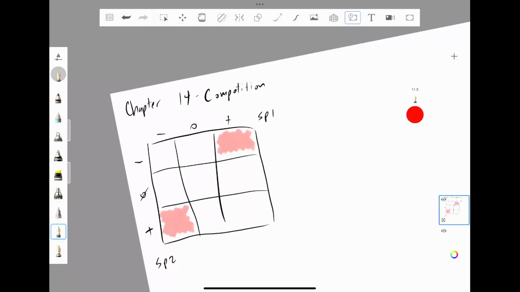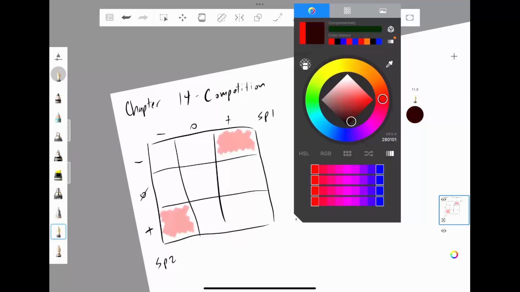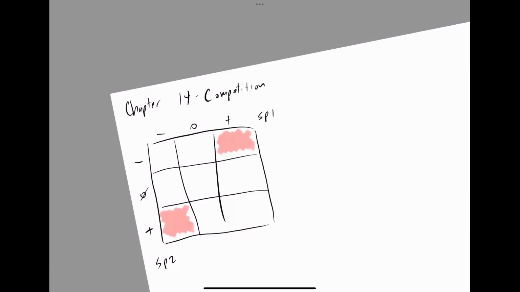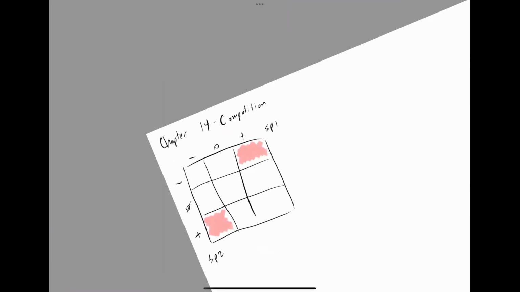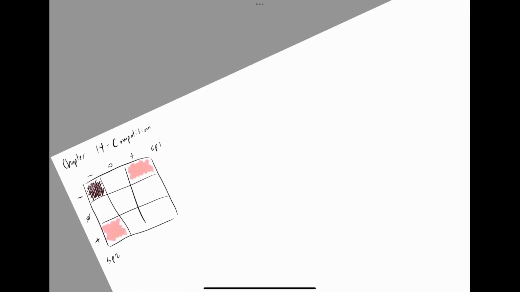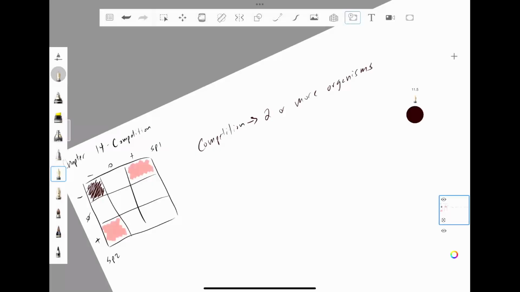Competition is a process where two species compete for a limited resource, and because of this, each has a negative impact in the presence of the other, right? So competition is when two or more organisms share a limited resource.